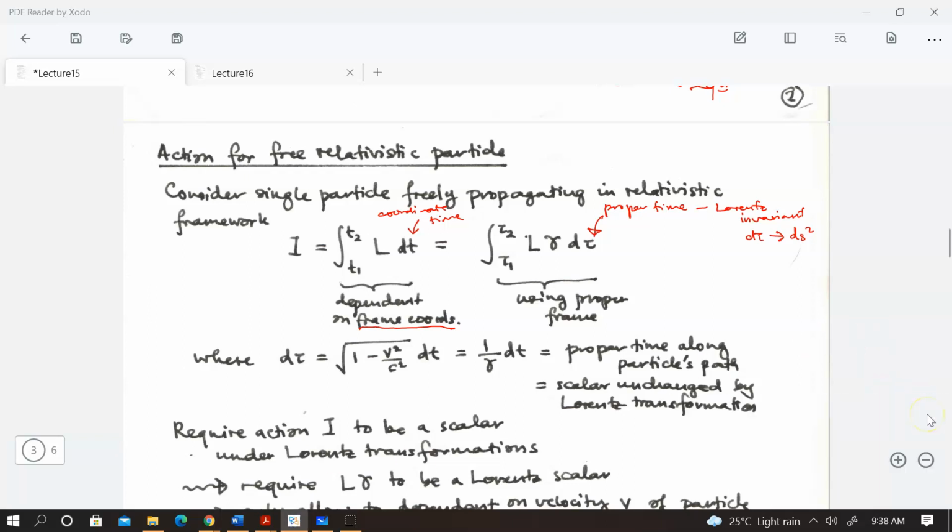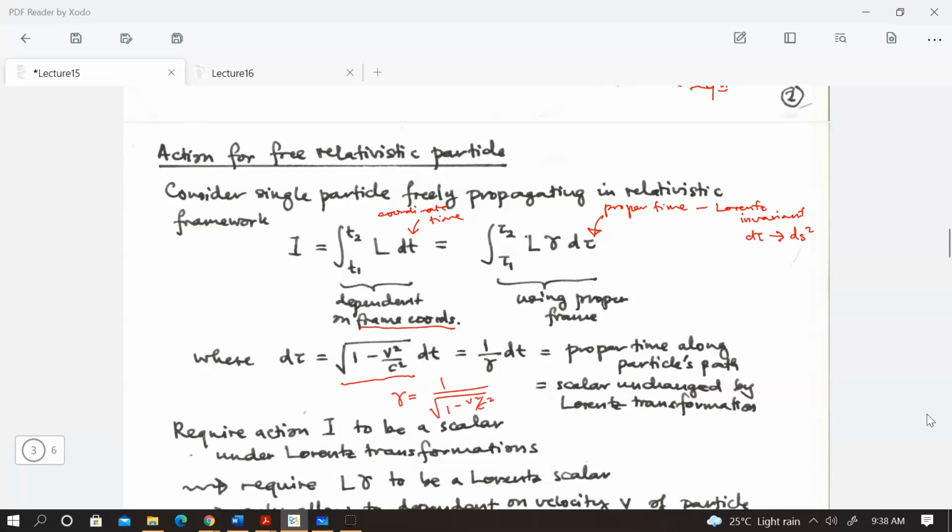Right. And then we recall what the tau is. The tau is precisely this relativistic factor. Actually, it's 1 over gamma here. Gamma is 1 over square root of 1 minus v squared over c squared.